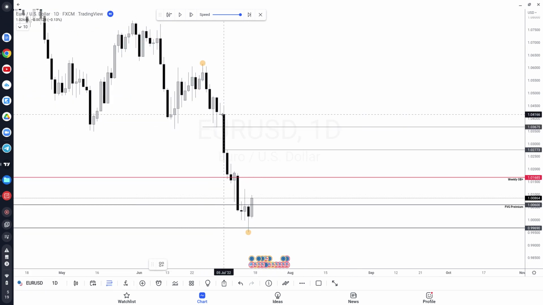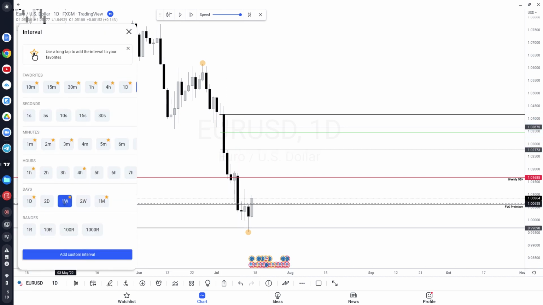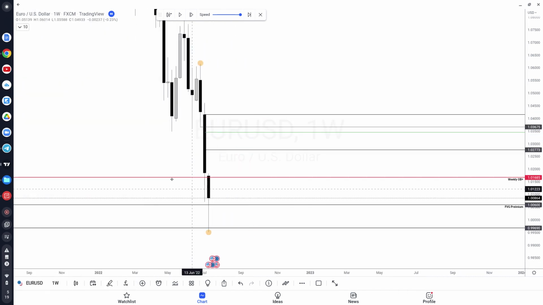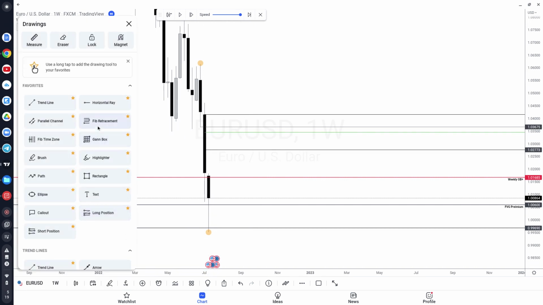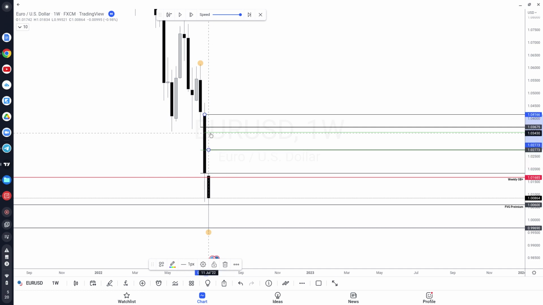All right, this is what we want to do. So let's measure that. And then if we look at the weekly, here, see here, okay, this is what I was trying to depict.